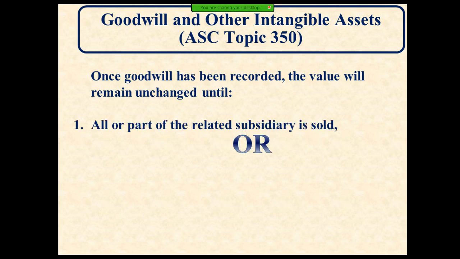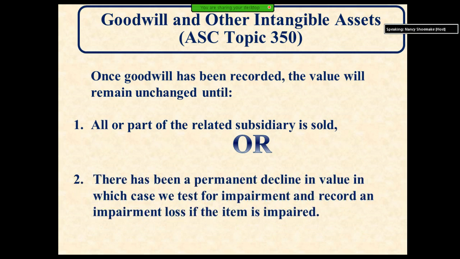And it's going to stay that way until all or part of that subsidiary gets sold, or there's been a permanent, not a temporary decline, but a permanent decline in value. In that situation, we're going to test for impairment, and we're going to report it on the books as an impairment loss if in fact it's impaired.